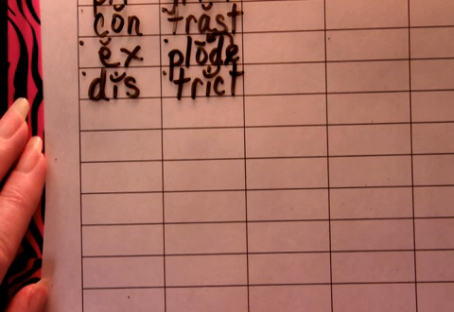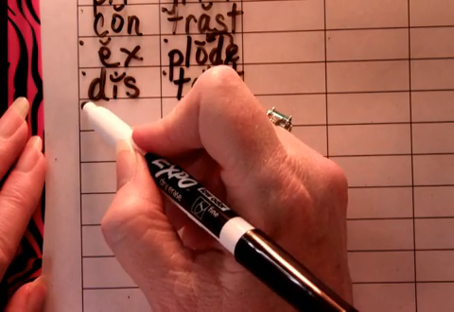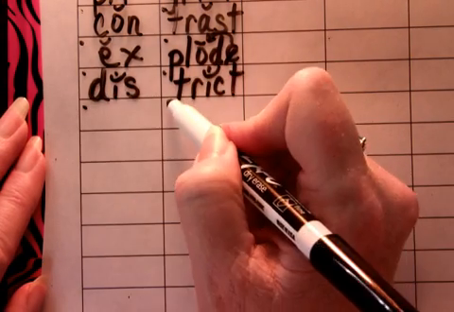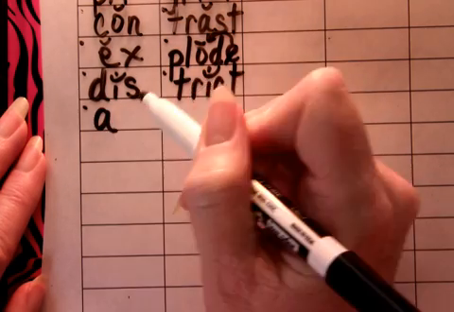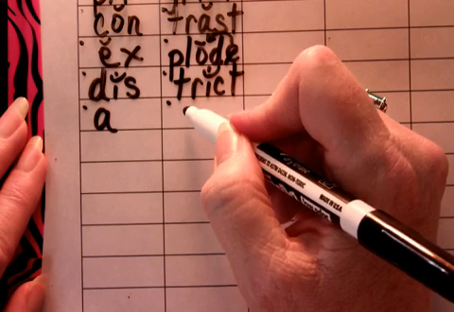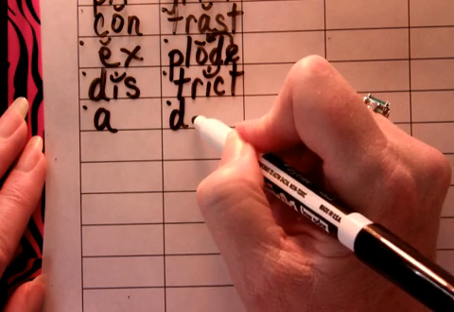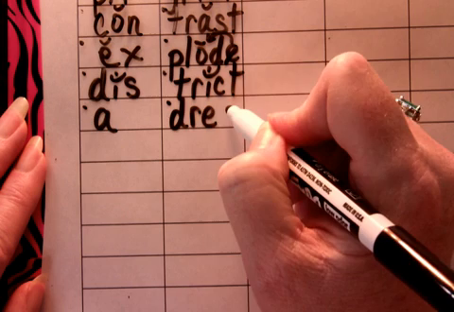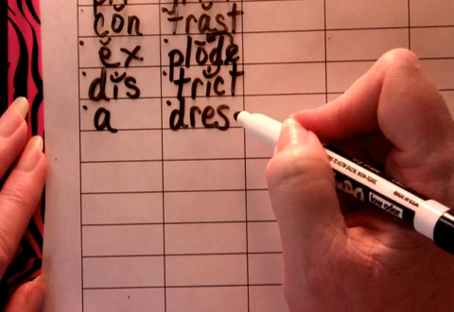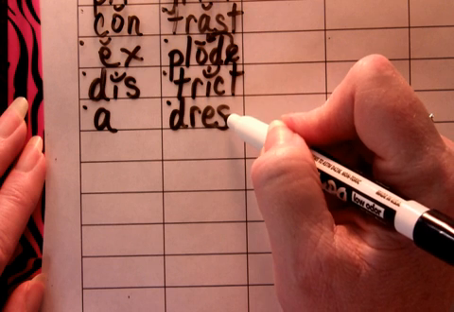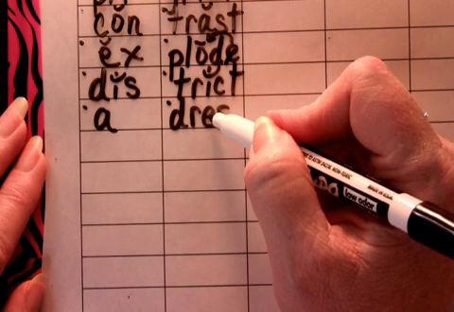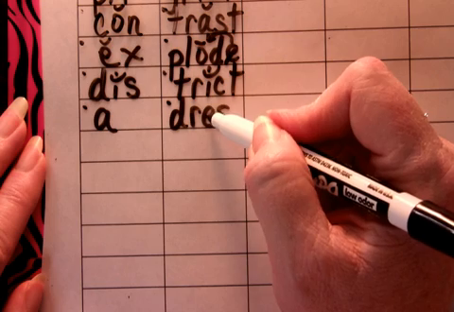The next word is address. I have a new address. Address. Let's do this part. Dress. The floss rule tells us you double the F, L, or S at the end of a syllable when it is following a single short vowel.